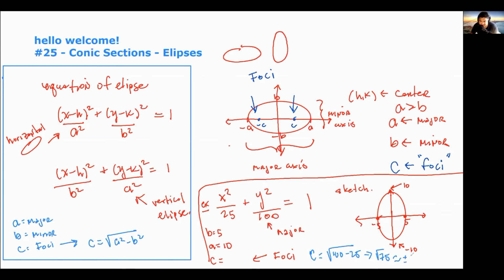So plus or minus 8.66. Which makes sense. That means the foci is right about here, and the other one's right about here. I'm just going to write C and negative C, which we know down here.